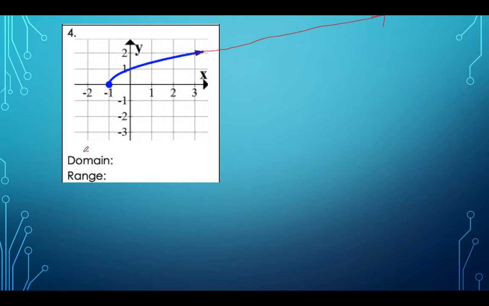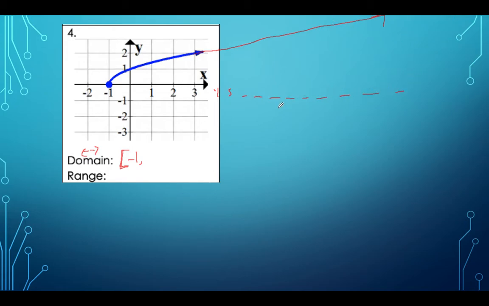Now remember, domain is left to right. So I'm going to look at my leftmost point, which is negative 1. Okay? Negative 1 is the smallest x can go. And it can equal negative 1 because it's a solid dot. So I'm going to throw a square bracket because it can equal negative 1. Now, as you can see, it goes on and on and on. As you can imagine, 4, 5, this will keep going on and on and on.